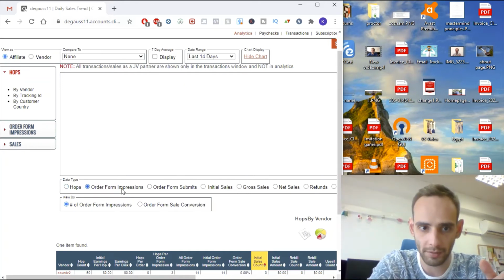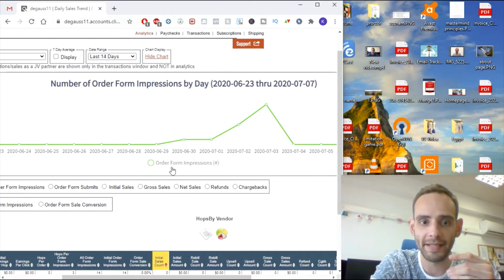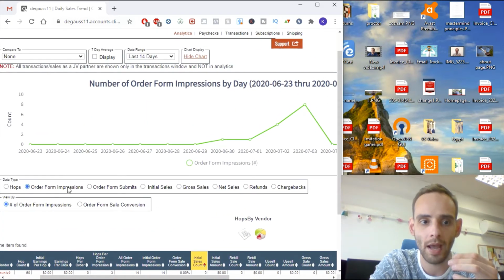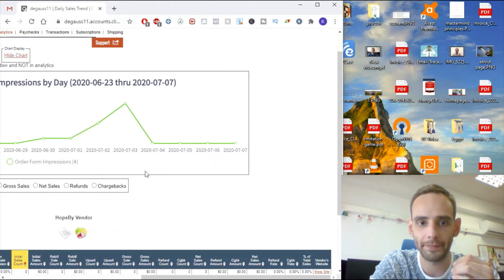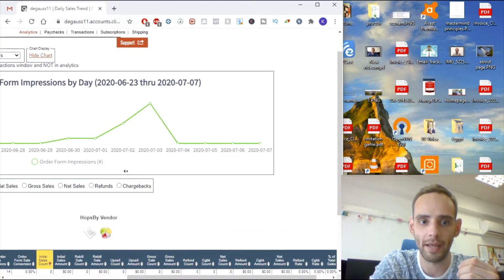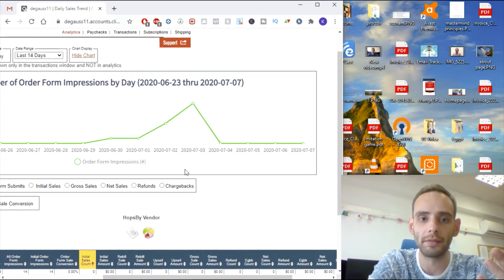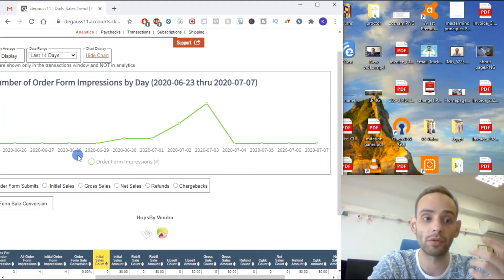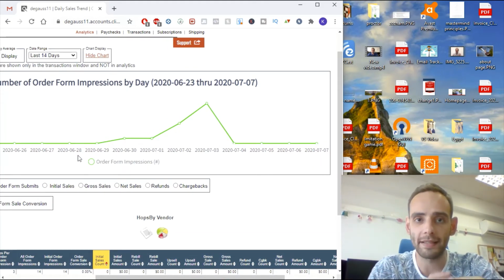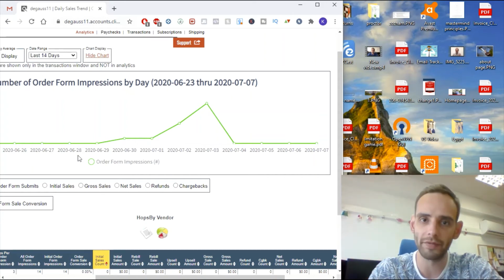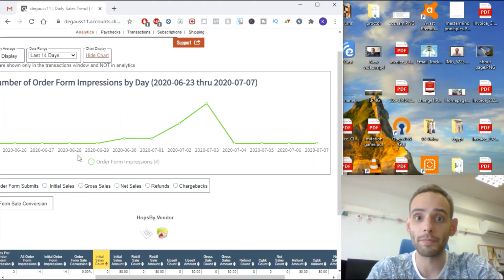Order form impressions is how many people have seen the order form, which means the checkout form, on their screen. Imagine you are promoting a product, your client clicks on the hop link, goes through the video sales letter or whatever that product uses, and decides, okay, I want to go for it.